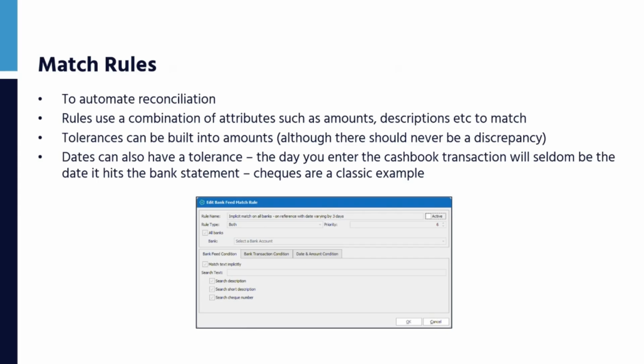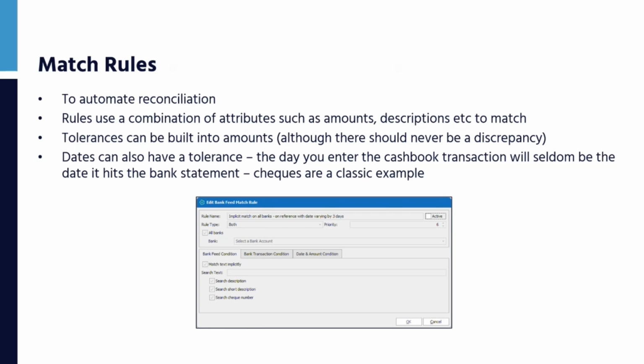And there's also a tolerance on dates, and that makes a lot more sense if you are still using checks. The classic example is where you might send out a check today and your supplier doesn't bank that until next Friday. Therefore, when you're matching that check number reference, you want there to be a bit of a window of time for that to occur, and that's where you'd put in a tolerance in terms of the dates.